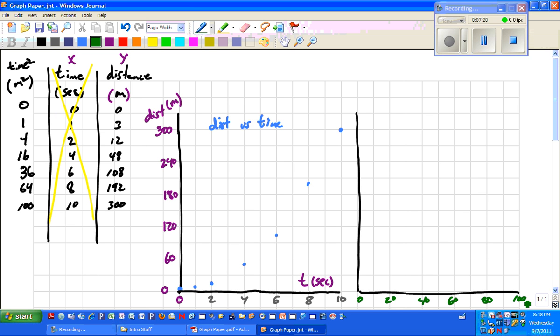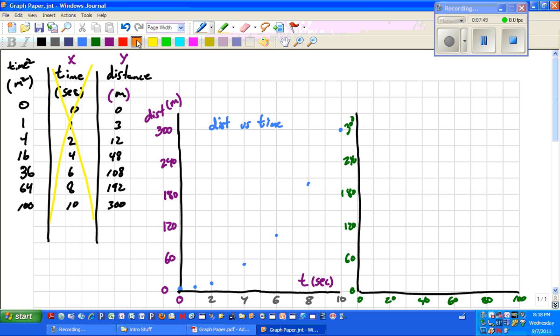And then going up, it's the same as before. 0, 30, 60, 120, 180, 240, and then up at the top here is 300.